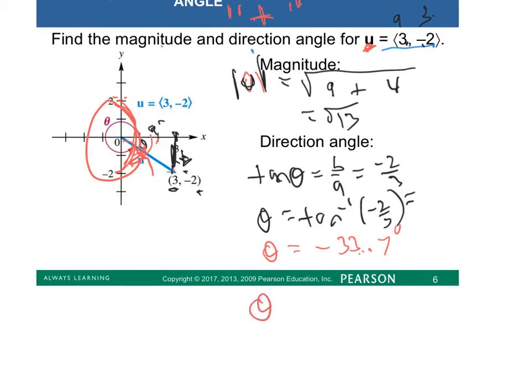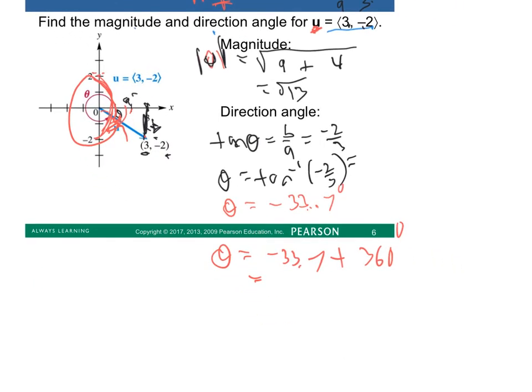So theta will actually be -33.7 plus 360 degrees. That equals, okay, get your calculator out. I'd like to do it in my head. I almost can. I know it's less than 330, but let me go do my calculator.